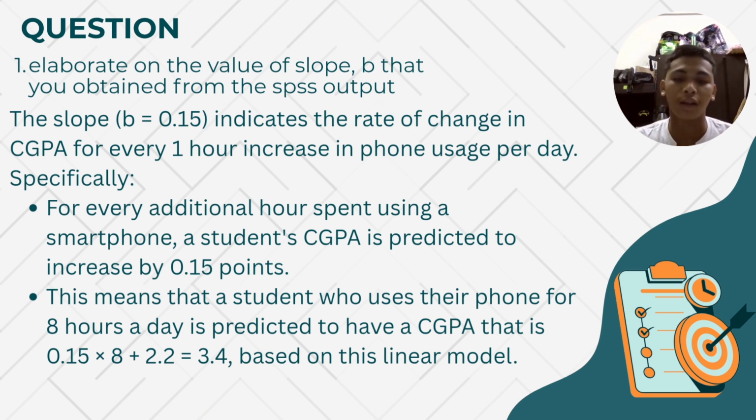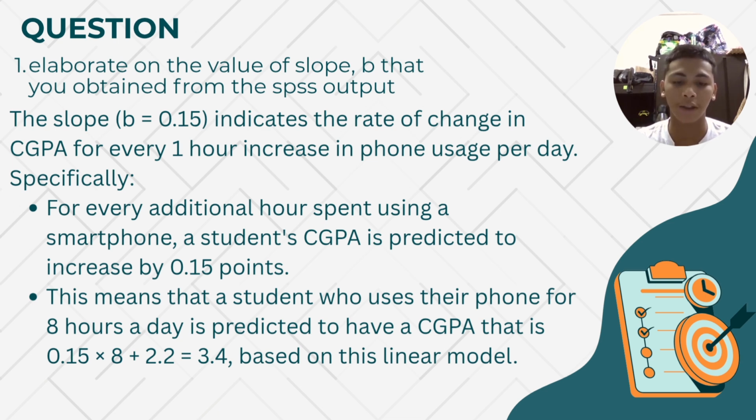In this slide, we elaborate on the value of the slope B obtained from the SPSS output, which is 0.15. This slope tells us the rate of change in CGPA with every additional hour of smartphone use per day.